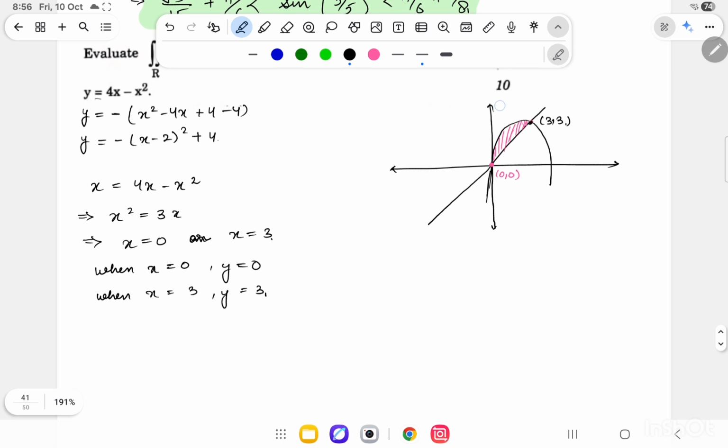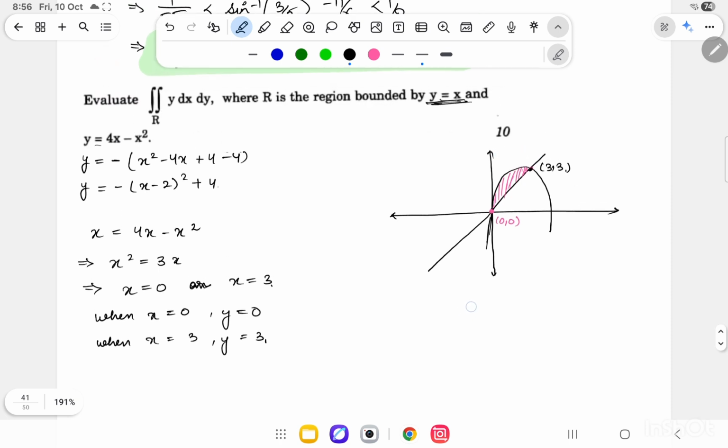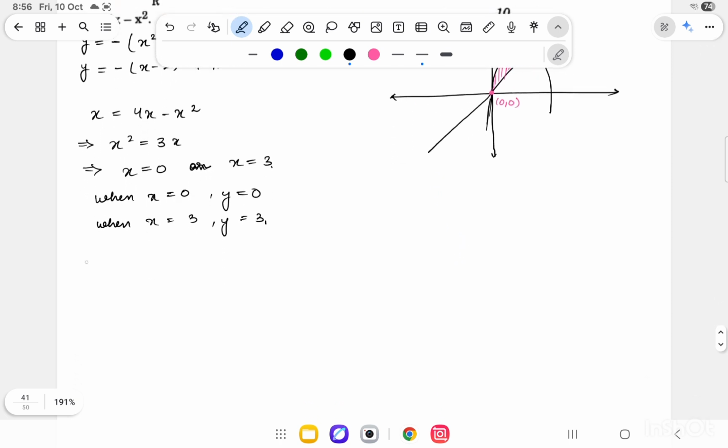So the other point is (3, 3). Now let's find the double integration. It will be the double integral over region R, the region shaded with the pink colored pen, of y dx dy.